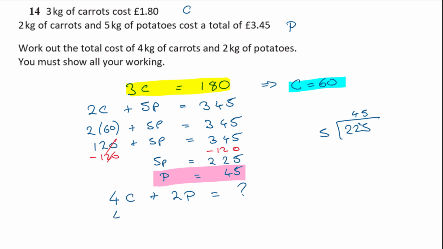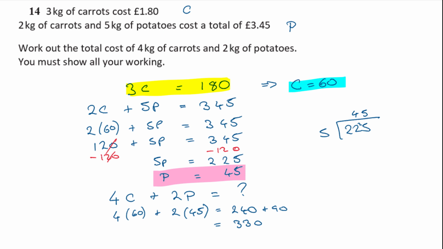That is going to be 4 lots of 60, because C is 60, plus 2 lots of 45, because P is 45. What's that then? 4 times 60 is 240, plus 2 lots of 45, that's 90. Add them together, that is 330.